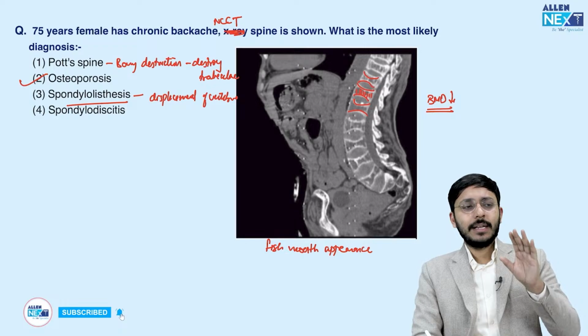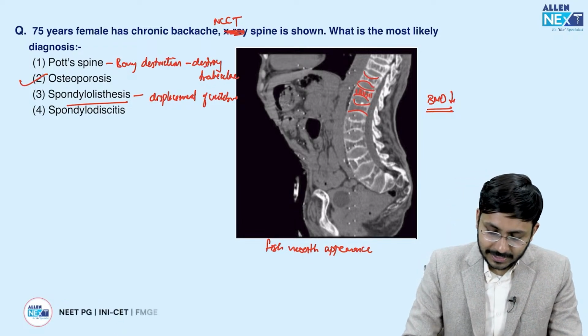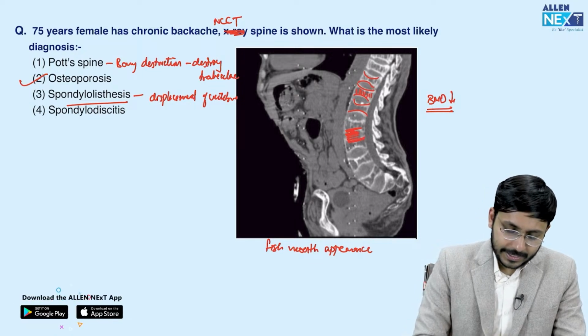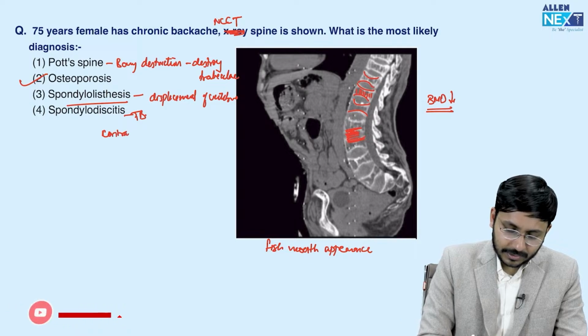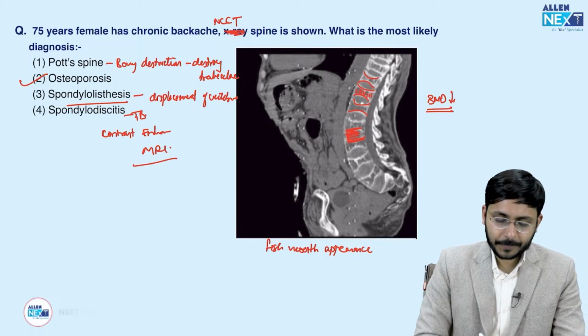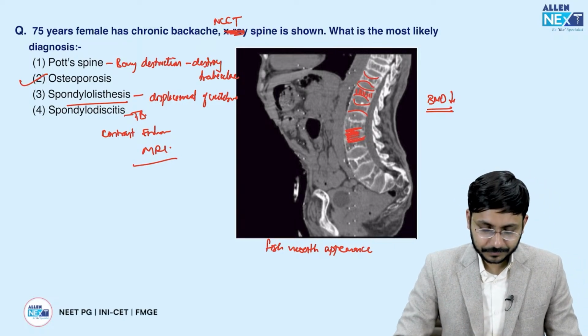Spondylodiscitis is nothing but infection of the intervertebral disc and the adjacent bones. This is again seen in TB and it will be seen on a contrast enhanced MRI.